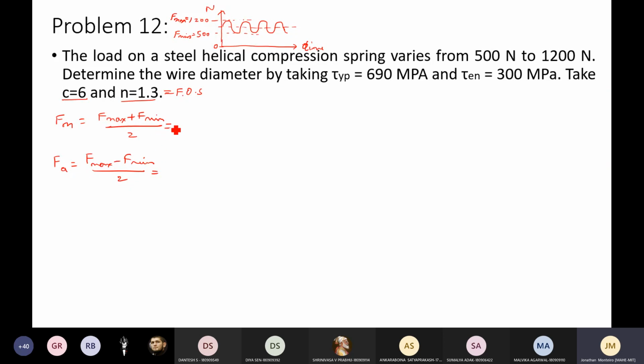These two equations, you can find in the data handbook, equations 11.16 F and 11.16 G. You can make a note. So Fa is alternating, and this is the mean. Now with this in mind, if you put this, one is 500 plus 1200 by 2.